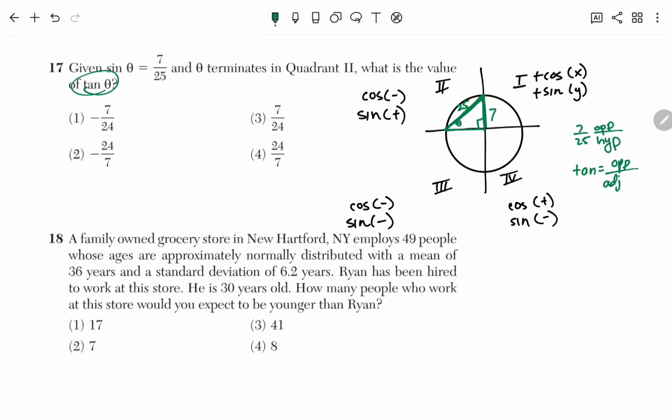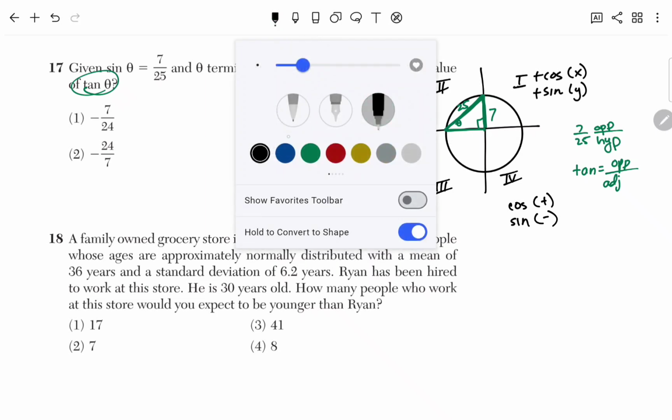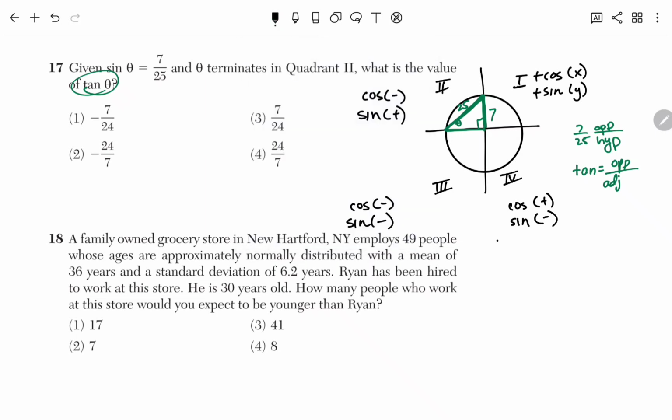We don't have our adjacent. So to find our adjacent, we're going to use the Pythagorean theorem, which says a squared plus b squared equals c squared. So for a squared, we're going to put in 7 squared. B squared is unknown. And c squared is 25 squared.